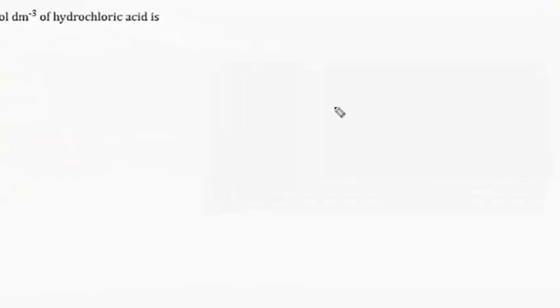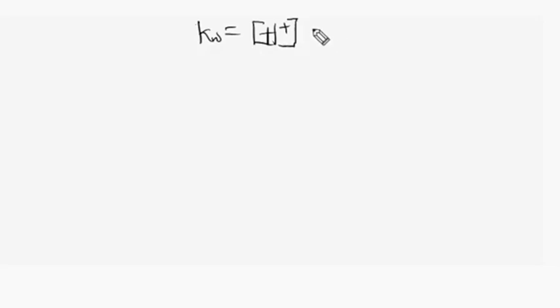So guys, we're going to zoom in right here and solve. So basically, from this question, first of all, we have to write out our equation. Guys, you need to have this equation at the back of your mind because it's very important.